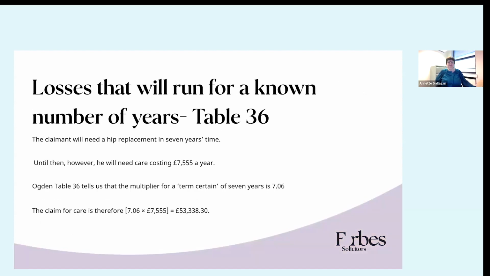I've also put a table 36 calculation here. So this one is where someone needs £7,555 a year for care, and they need it for 7 years until they have their hip replacement. So on that you would use a term certain, so you've got table 36.